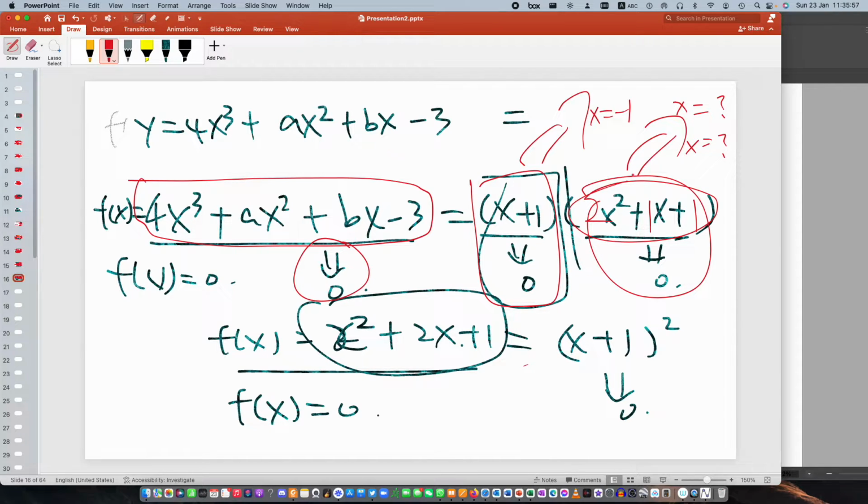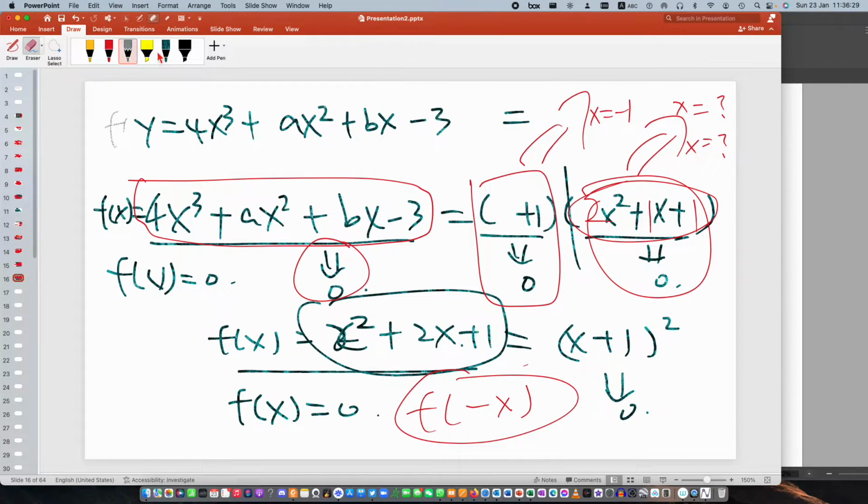Okay. Last part. They say f negative x equals 0, right? So instead of x, you need to find negative x. But anyway, you already know that it will simplify to this format. So instead of x, you just replace the x with negative x.